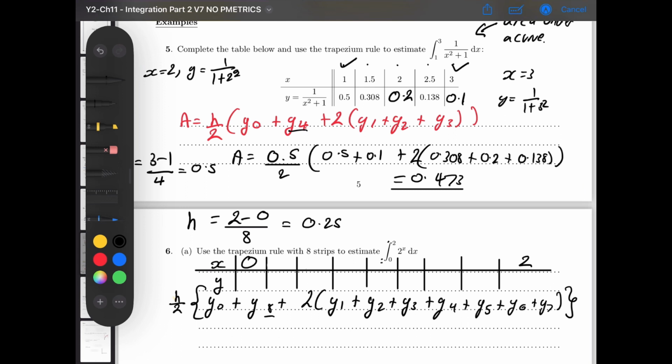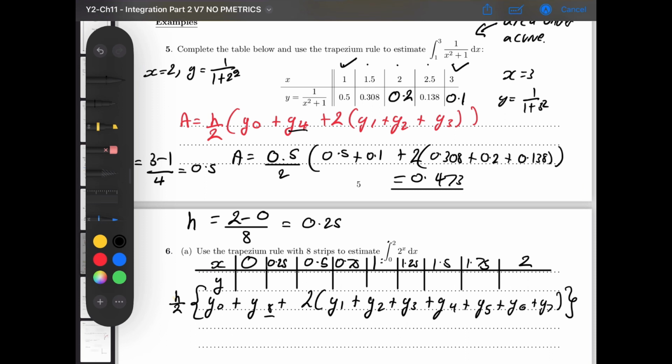So our x coordinates come in regular intervals of 0.25: 0.25, 0.5, 0.75, 1, 1.25, 1.5, 1.75 and 2.